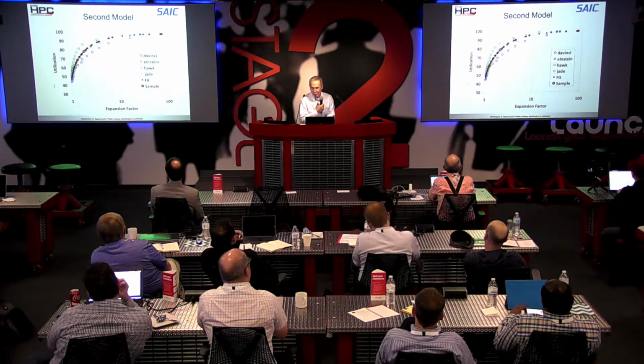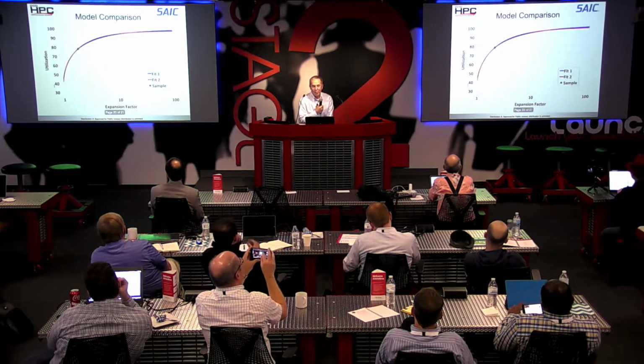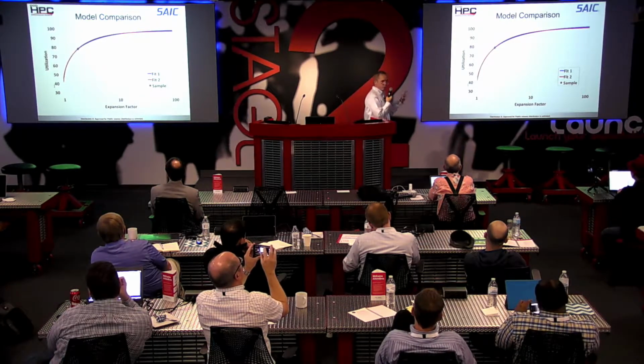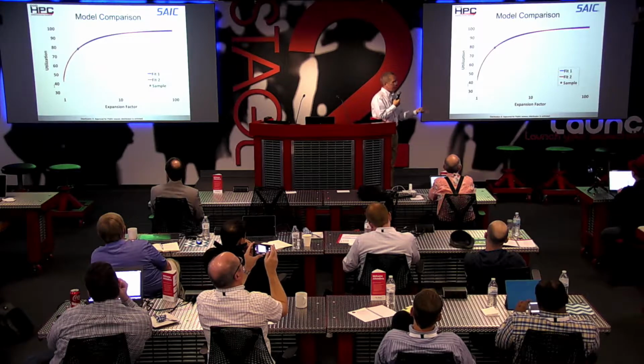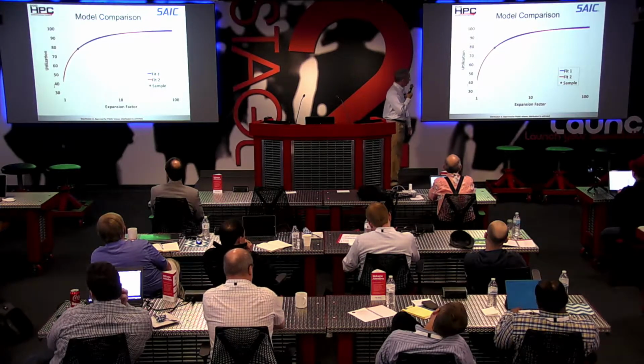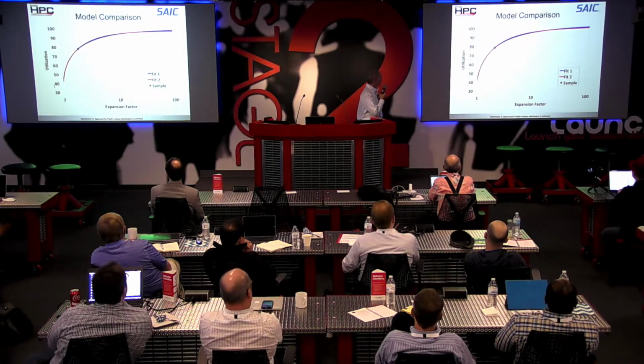And that's the results of the second model. And this is the comparison of the two, U as a function of E and E as a function of U, so that worked out pretty well too. And as you can tell, at the bottom end of the curve, 42% is where you get the expansion factor of 1.